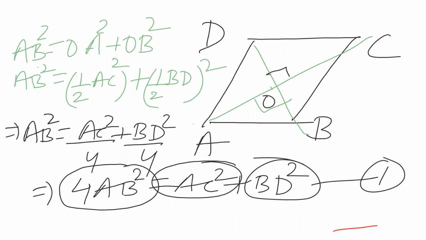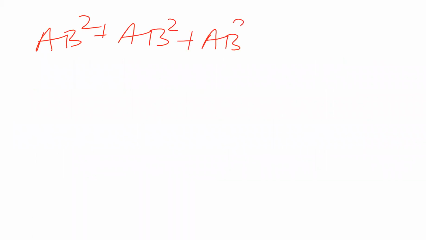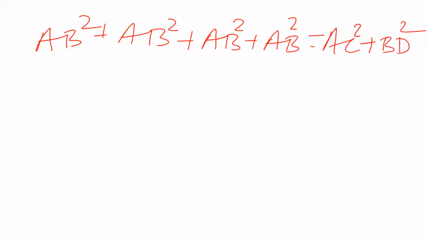All sides of a rhombus are equal. So 4AB² can be written as AB² plus AB². One more method I will explain. And this is equal to AC² plus BD².